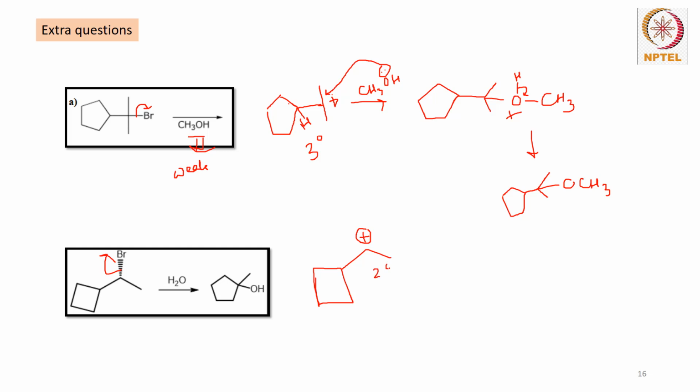And it is a 2 degree carbocation, so this carbocation is not that much stable. Here it was 3 degree, so that carbocation was already stable. So that's why this bond will shift to this position.